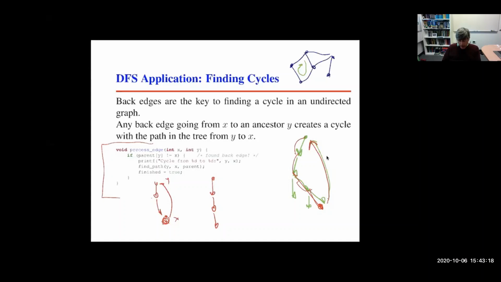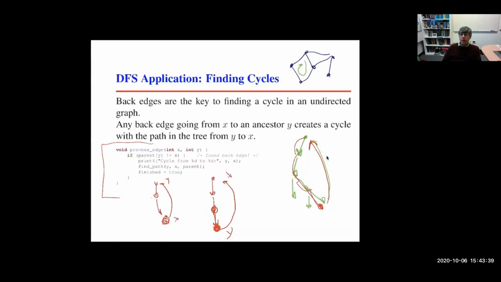If I have an edge that goes from y to x, and the parent of y is not x, then that is a back edge.